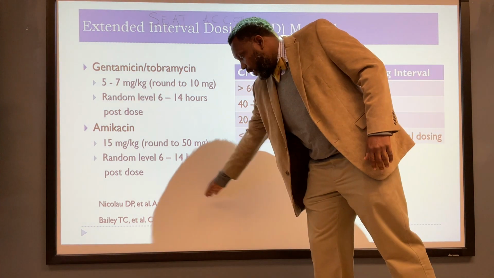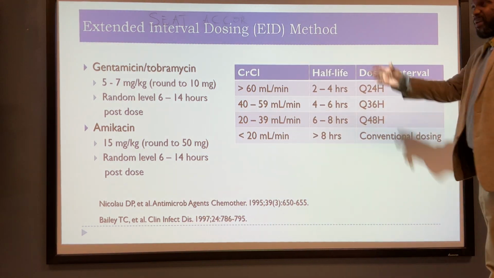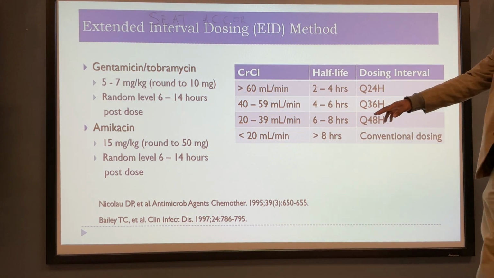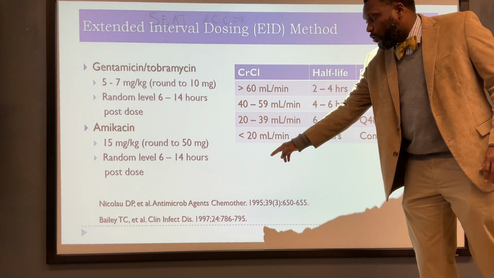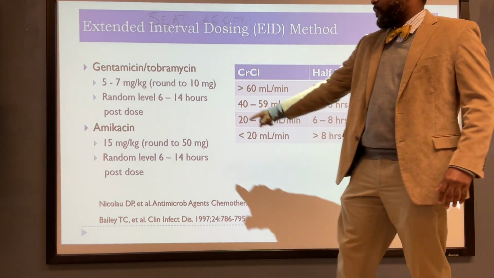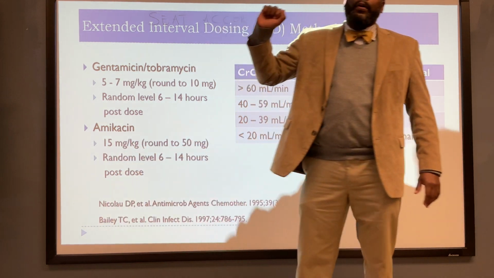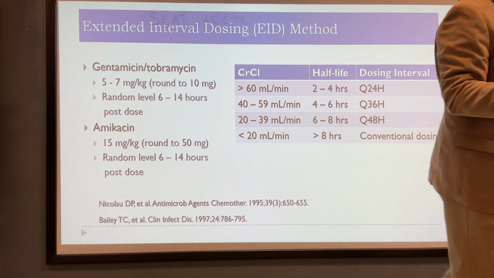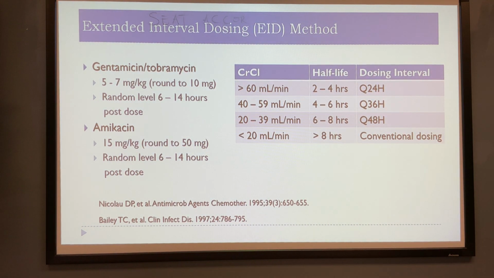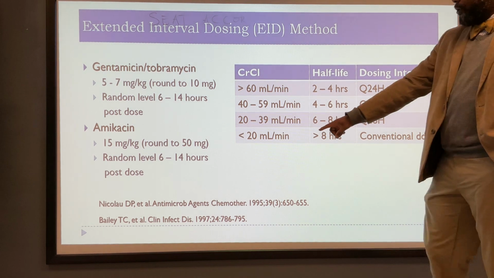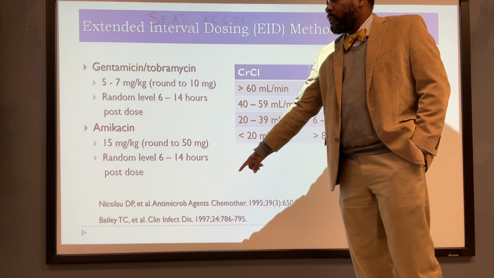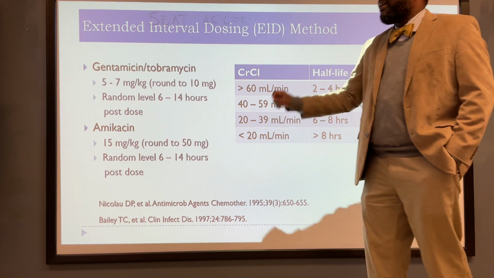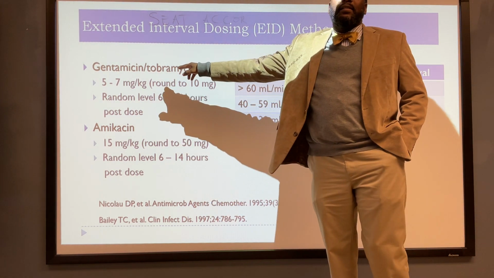The first one here is what we'll call the Hartford, and it's on subsequent slides, so no need to write that down. But the Hartford nomogram, which was the first one in 1995, used 7 milligrams per kilo. So this is going to be the one that we'll use. But the value of the Barnes-Jewish nomogram was Hartford only tested gentamicin and tobramycin.